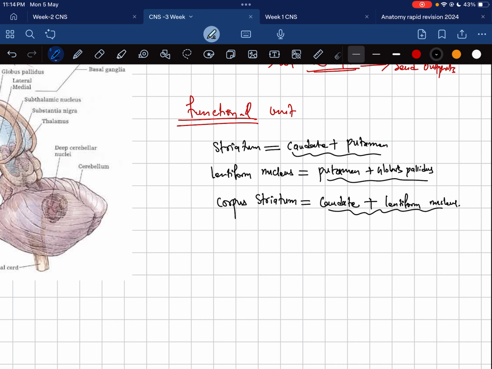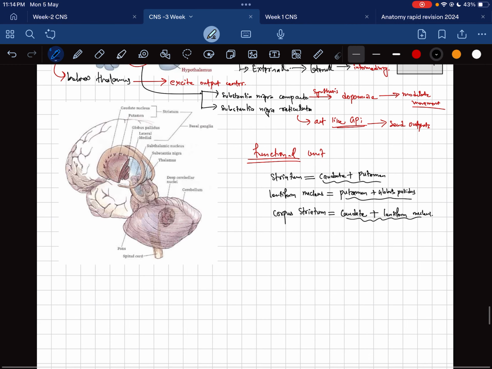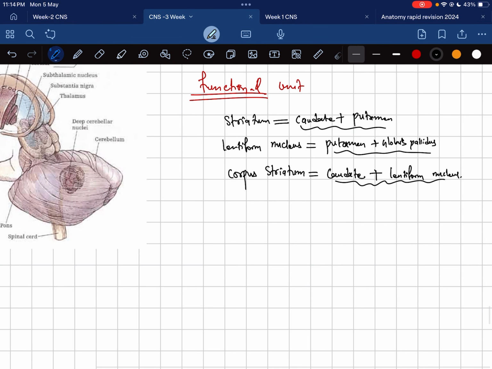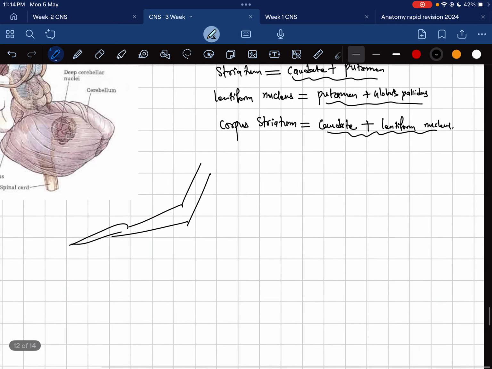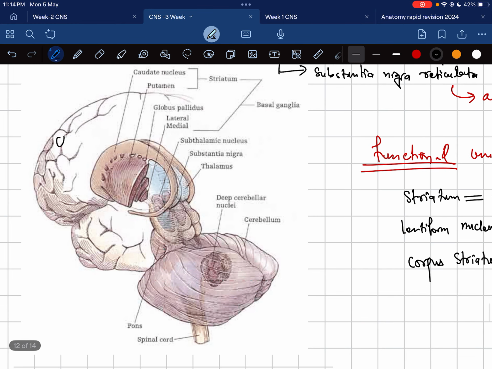Moving on to the physiological aspect. Suppose I want to move my arm or hand. A plan comes from the motor cortex and needs to be checked: is it the correct movement, and is the movement needed or not?